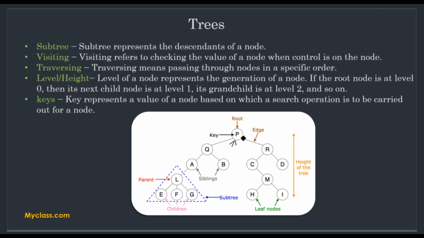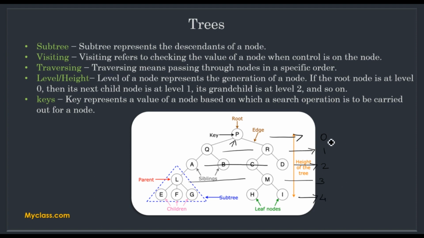When we say the root node is at level 0, the root node has two children, so this is another level, level 1. Then Q also has two children and R also has two children. These are the grandchildren of P. So this we can call the second level. Then this is the third level and this is the fourth level.